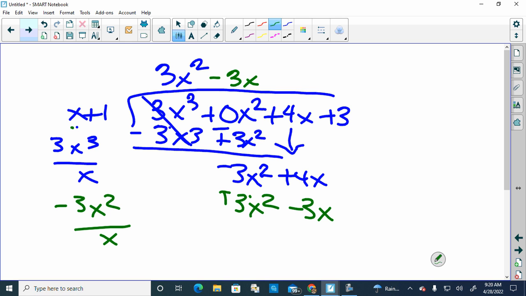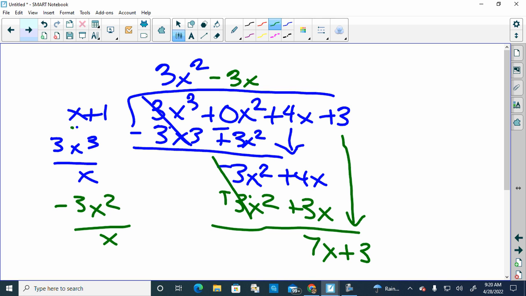Switch. So that would be 7x. 7x divided by x would just be 7. Distribute, so 7x, but you've got to switch. Those go away, so a positive 3 and a negative 7 would be a remainder of negative 4.